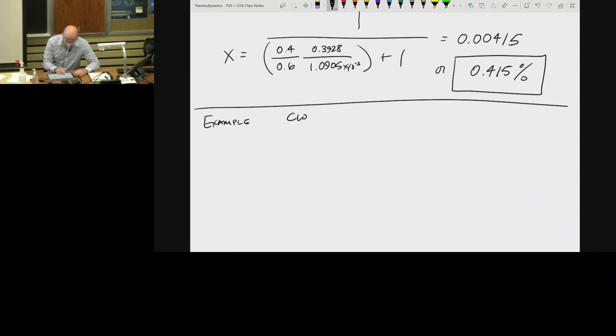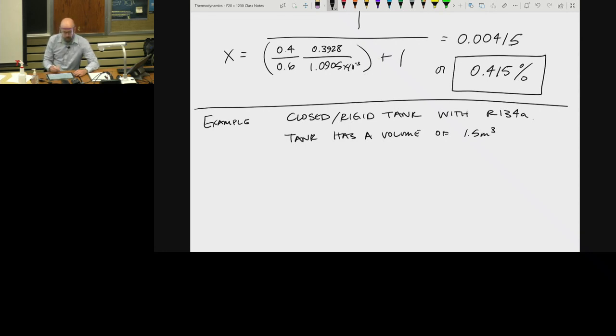you're going to have a closed rigid tank again, with R134A. The tank has a volume of 1.5 meters cubed. Initially, the tank is at 10 degrees Celsius.